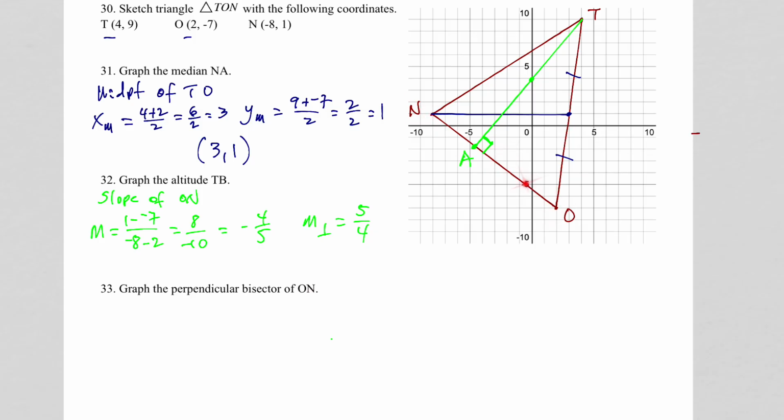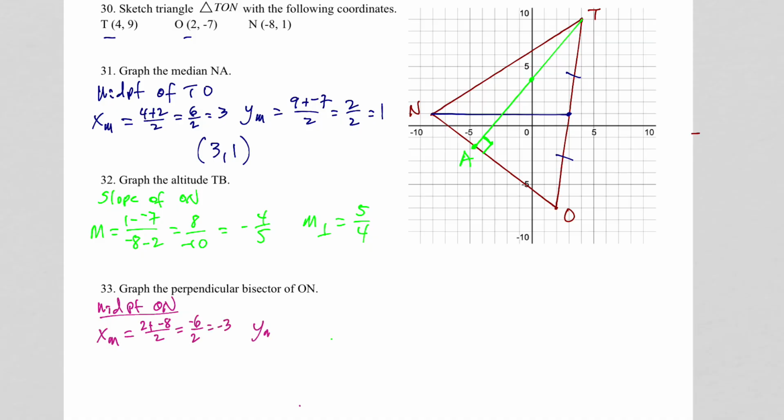Okay, the perpendicular bisector of ON. So here I need to know the midpoint and the slope of ON. Let's start with the midpoint. The x value of the midpoint is the x's added up, 2 plus negative 8 over 2.